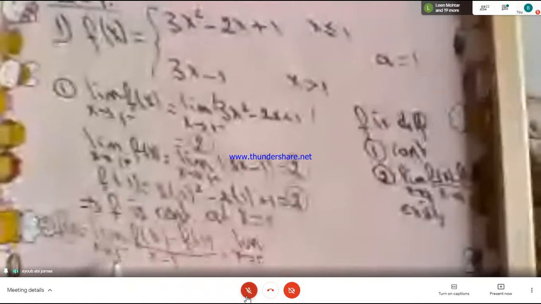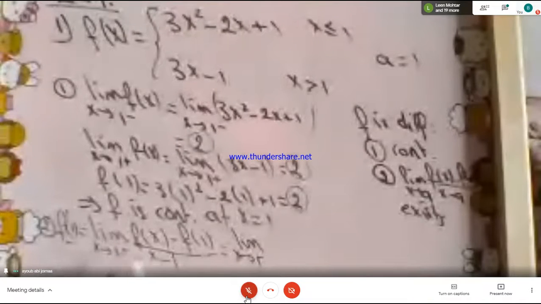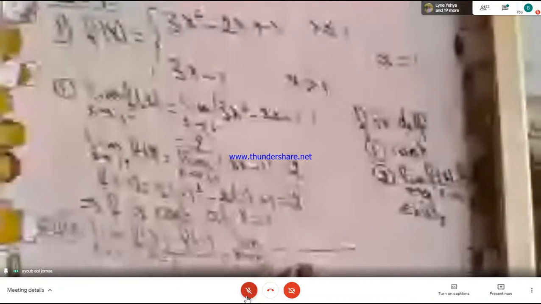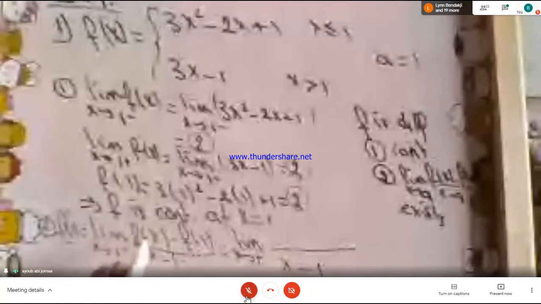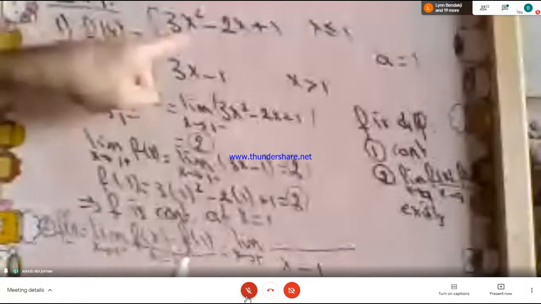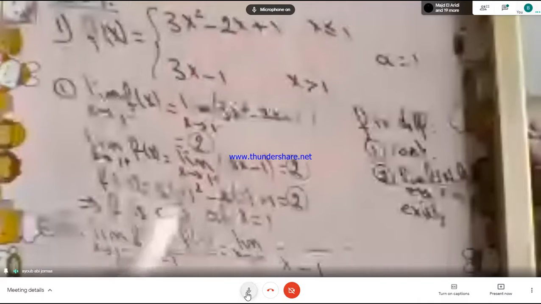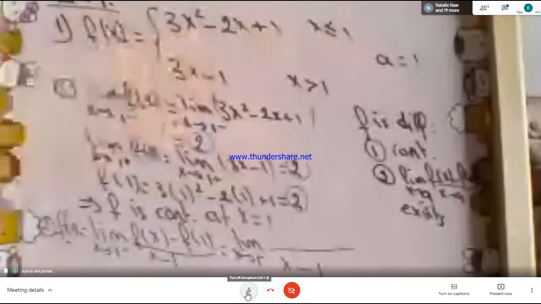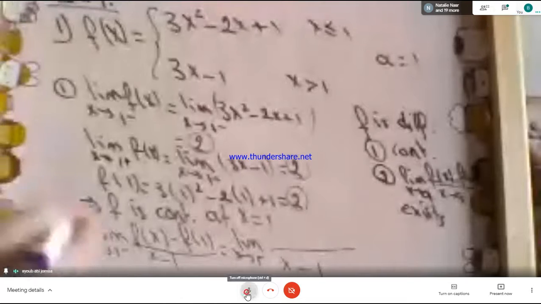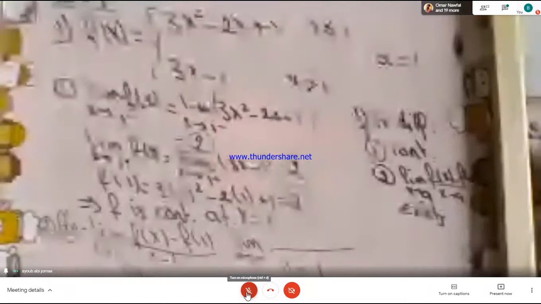We are saying x approaches 1 minus, so x is less than 1, over x minus 1. Are we going to replace f of x by 3x squared minus 2x plus 1 or 3x minus 1, when we say x approaches 1 minus? أول وحدة. لأنه هون we are saying x approaches 1 minus, it means that x is less than 1.